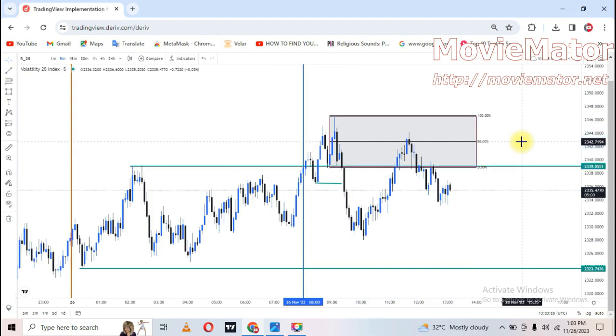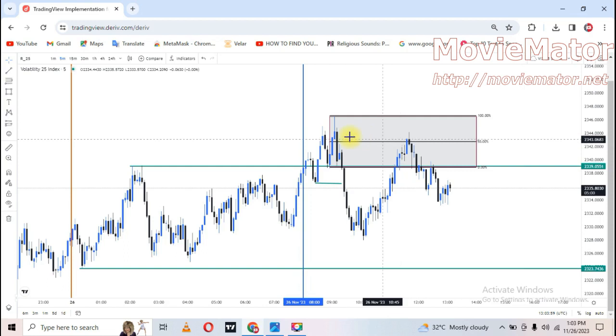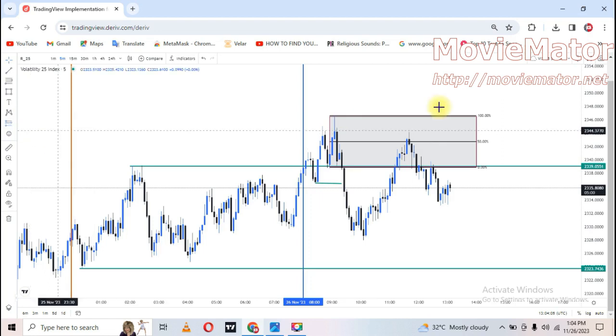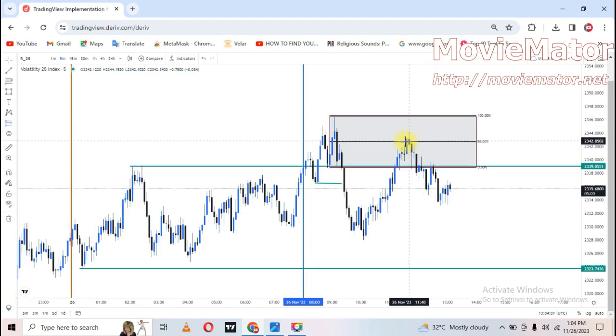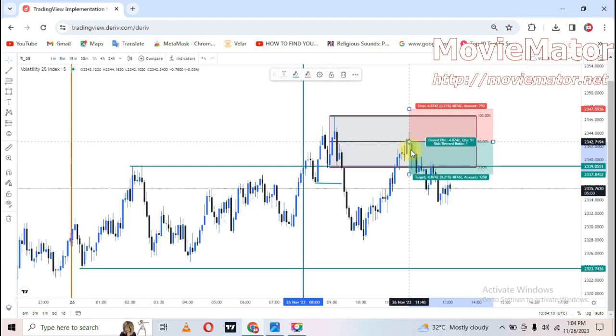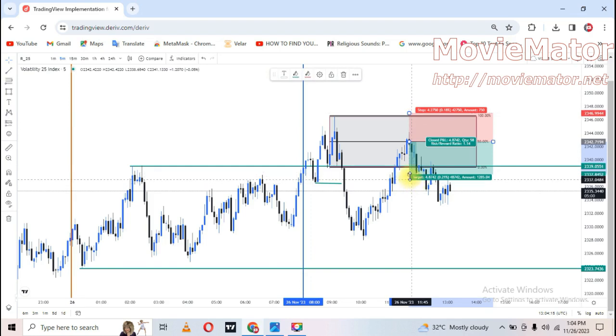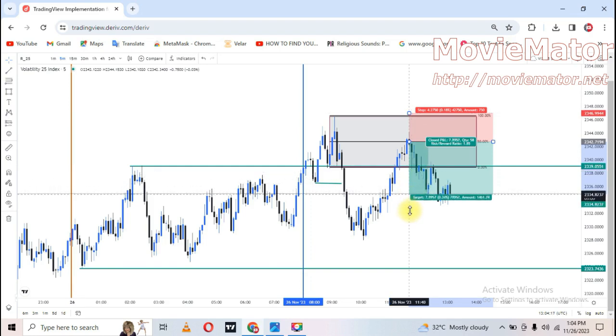I'm teaching you this because sometimes you think you have to go by the extreme one and price will not go there to pick you in. So you have to take note of this. You put your sell limit order here, your stop loss right at the low, and then you target only 3.